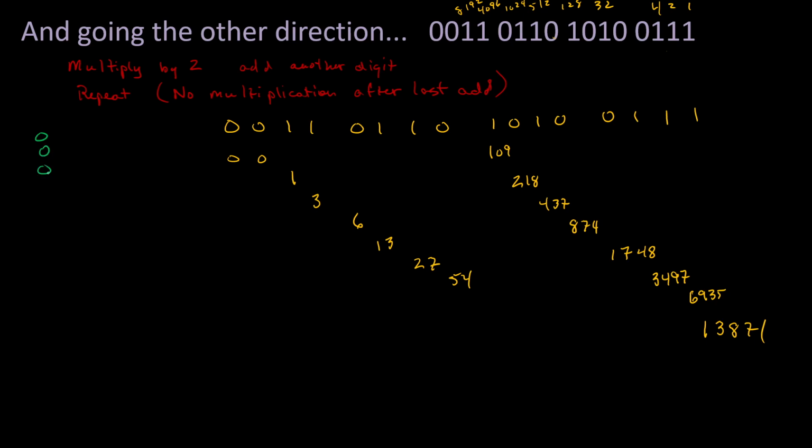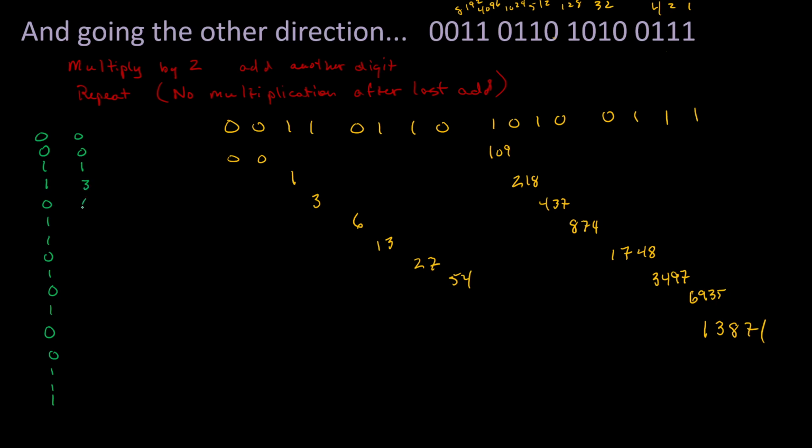0 0 0 0 0 1 1, 0 1 1, 0 0 1. Okay, so I start off at a 0, multiply by 2 and add the next number. 2 times 0 plus 0 is 0. 2 times 0 is 0 plus 1 is 1. 2 times 1 plus 1 is 3.